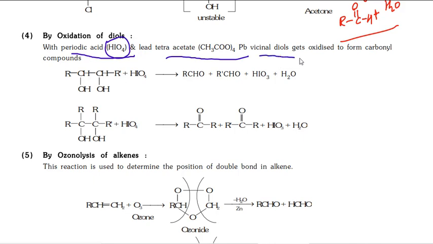Vicinal diols get oxidized to form carbonyl compounds. With HIO4 and lead tetraacetate, in both cases vicinal means adjacent OH groups are there, then the bond will cleave, forming either aldehydes or ketones.